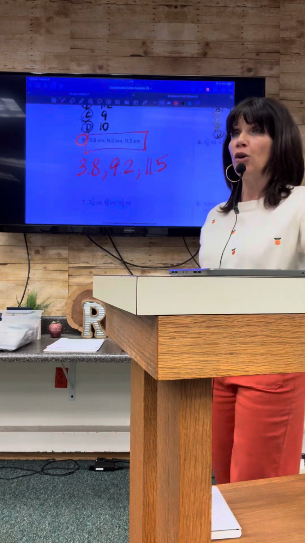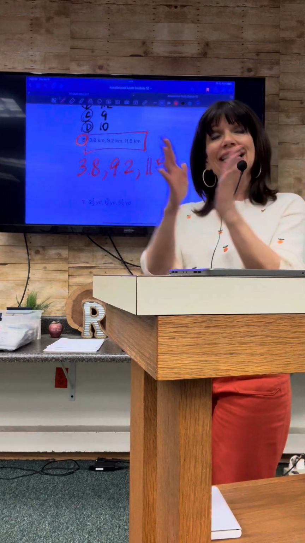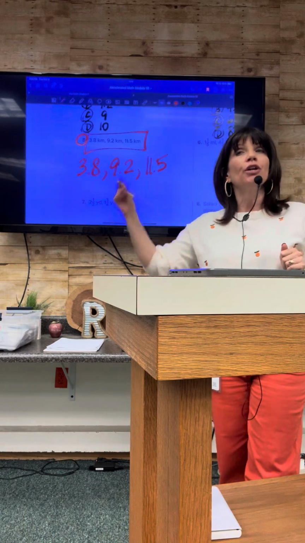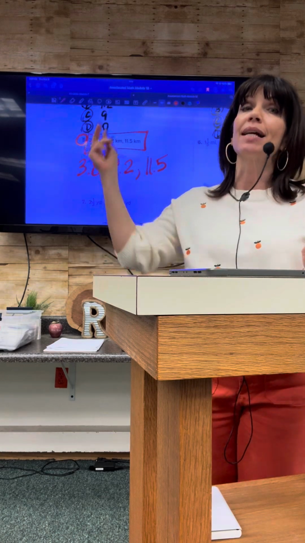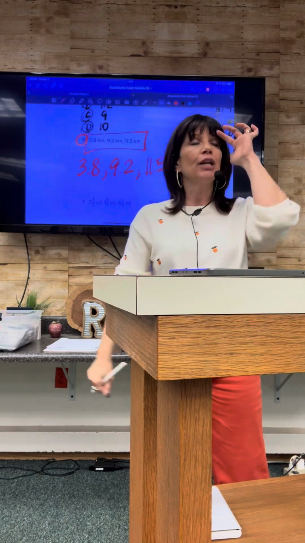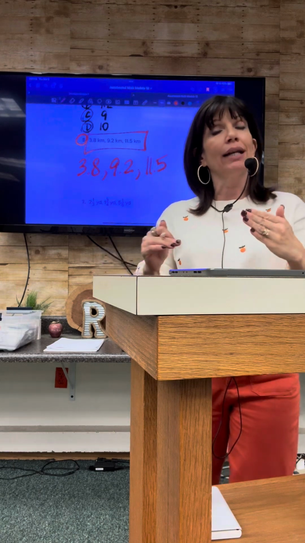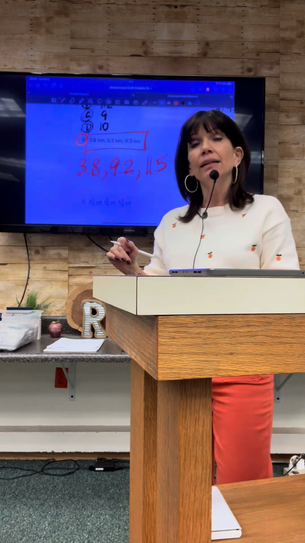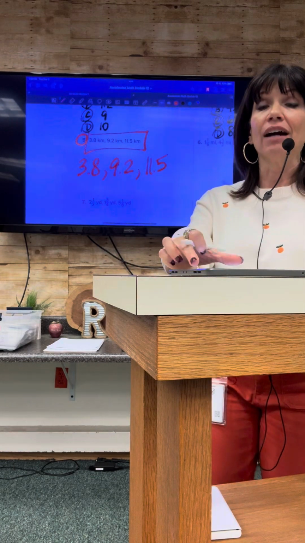So go ahead and tell me, what items would I add together to see if they are greater than the last item? 3.8 plus 9.2, and you would check to see, is it greater than 11.5? You got it.